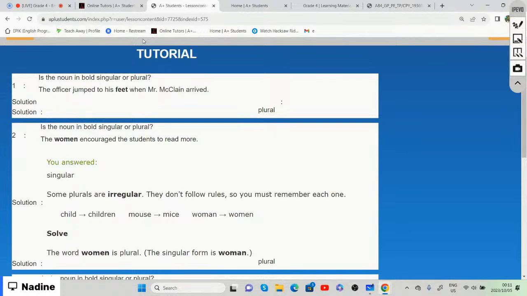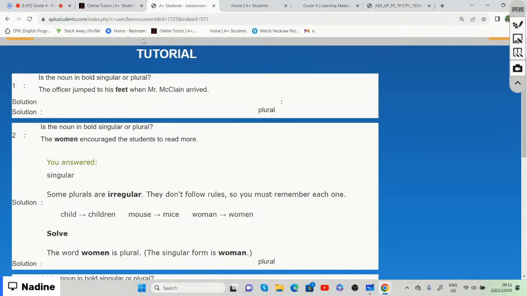And plural is anything that is two or more. It refers to two or more people, places, animals, or things, right? And that is plural and singular. So now we are going to say if the noun in bold is either singular or plural.